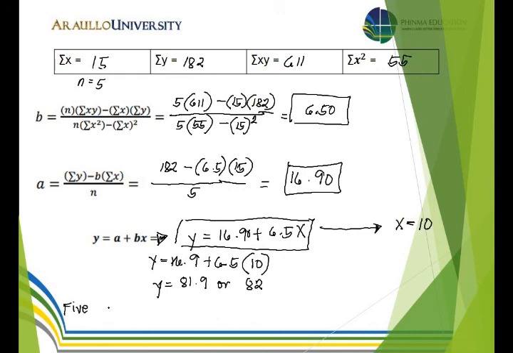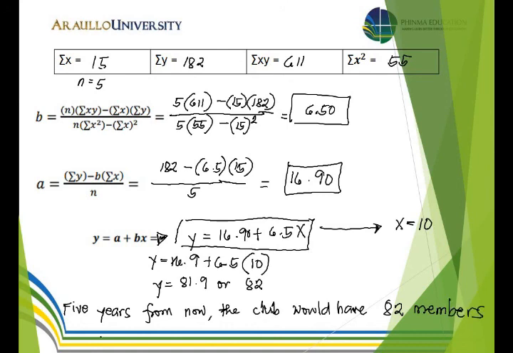So meaning 5 years from now, the club would have 82 members.